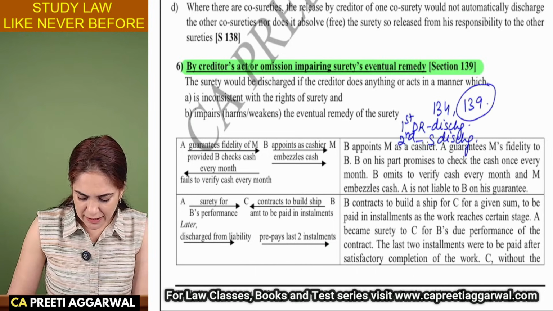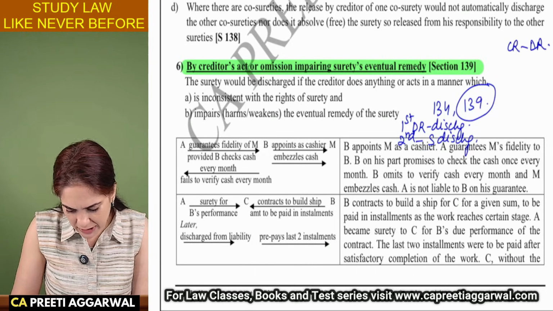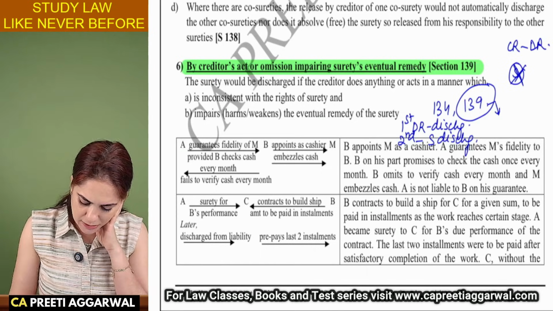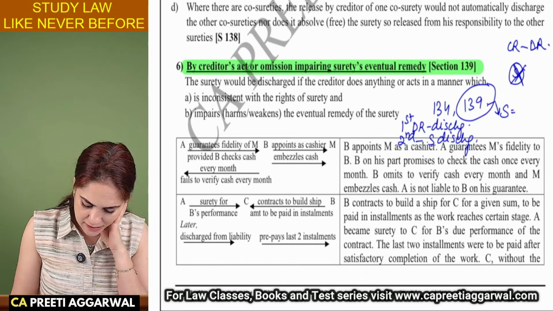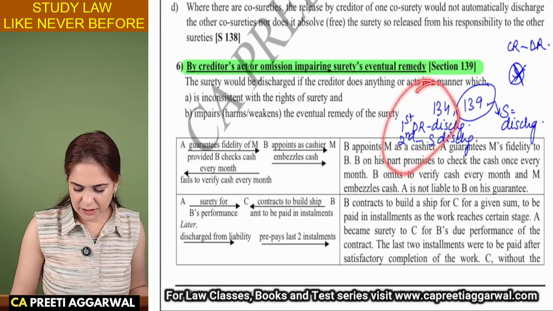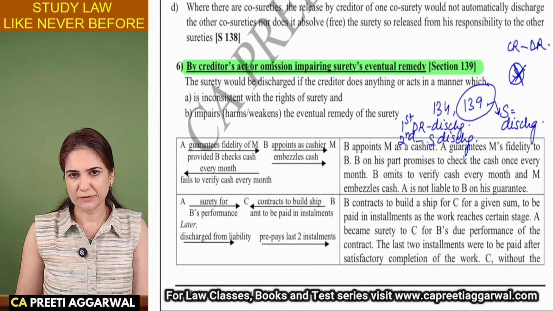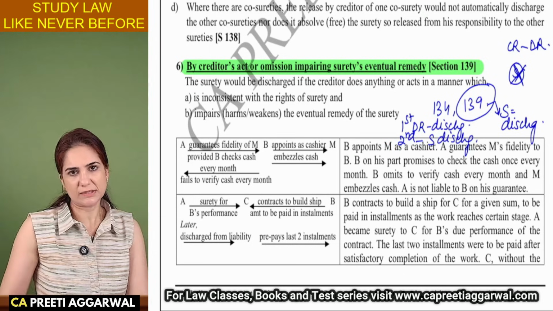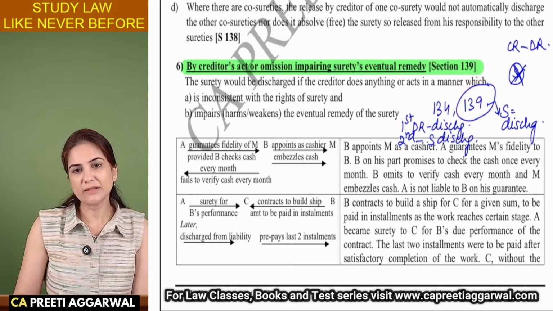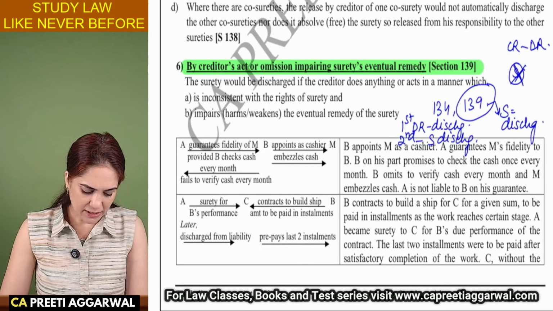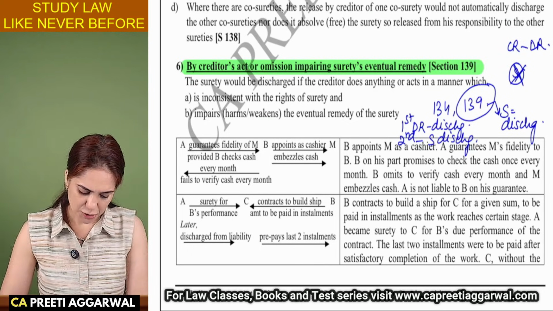But in 139, the creditor has done something which directly discharges the surety. So in 139, surety is discharged. We are not waiting for the debtor to be discharged. This is the difference between 134 and 139. So in 134, first the debtor is discharged, then the surety is discharged. But in 139, the surety is automatically discharged because the creditor has done something which discharges the surety.